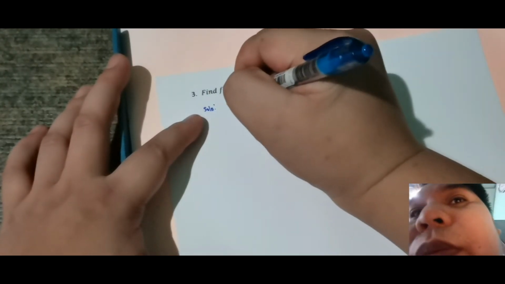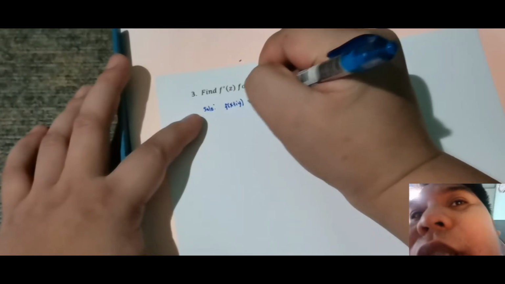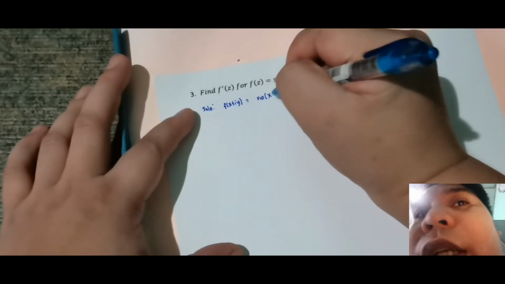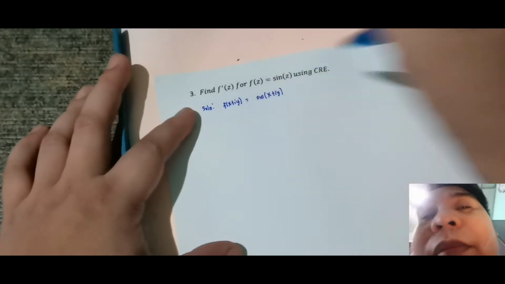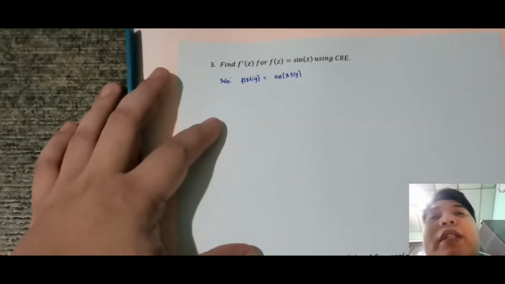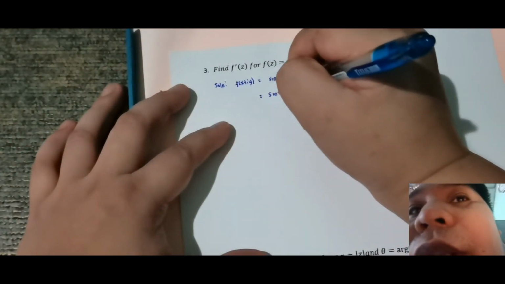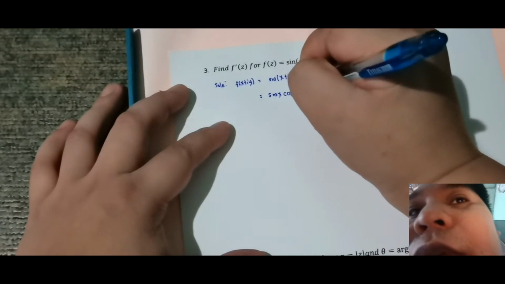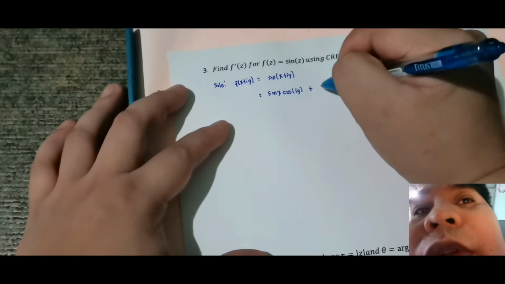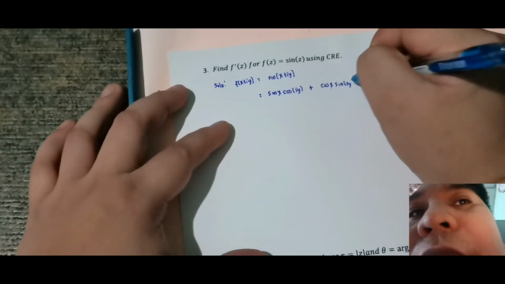Okay, so f of x plus iy, this is equivalent sa sine of x plus iy. Okay, then naalala mo si sin, cos, cosine. So sin of x plus iy is equivalent sa sin x cosine iy plus cosine x sin iy.